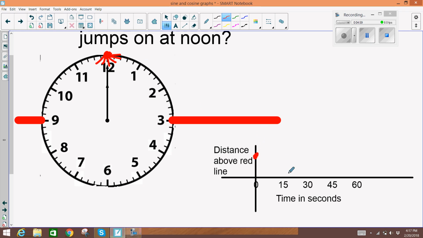And then after 15 seconds, he is exactly even with the red line. And then at 30 seconds, he's as far below the red line as he could be. And then at 45 seconds, he is right at the red line again. And then after 60 seconds, he is back up to here.